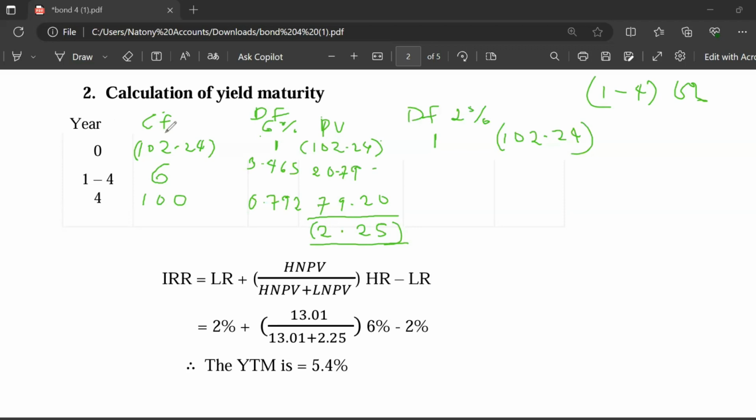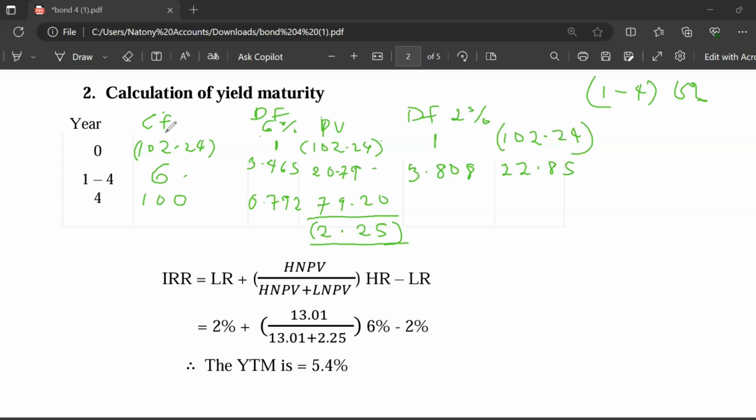That will give 3.808. When multiplied by 6, the present value of the interest will become 22.85.